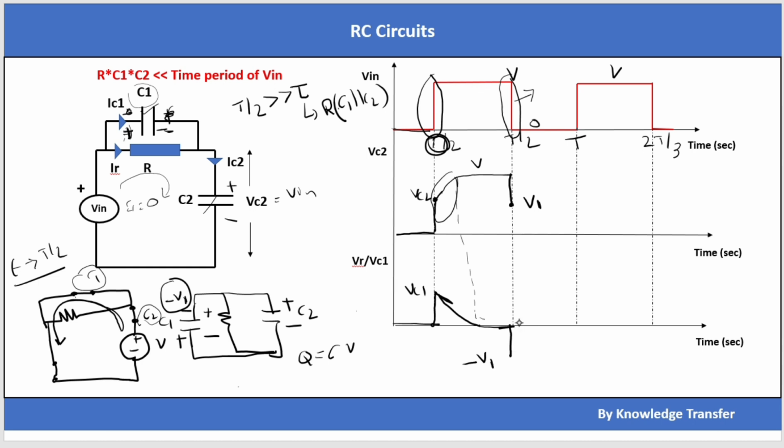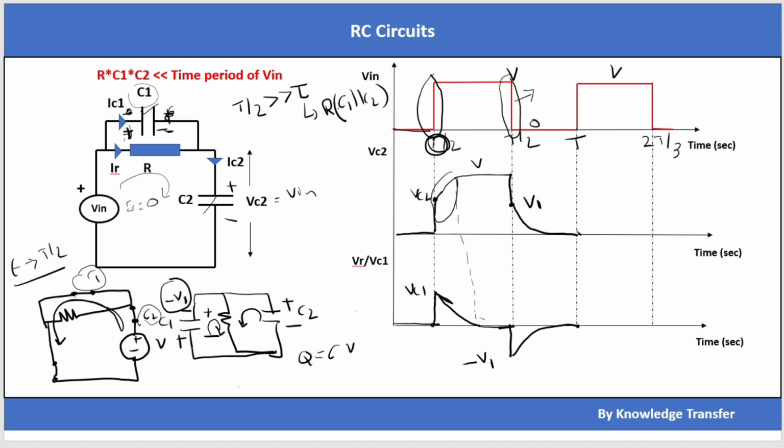From there, these two capacitors will discharge through the resistor and become 0, because this time constant is far less than the T by 2 to T time, so this voltage will again come to 0 volt. In the same way, VC1 also will come to 0 volts and stay there.